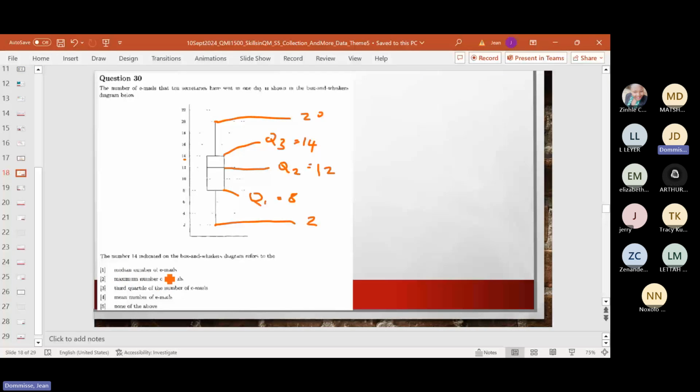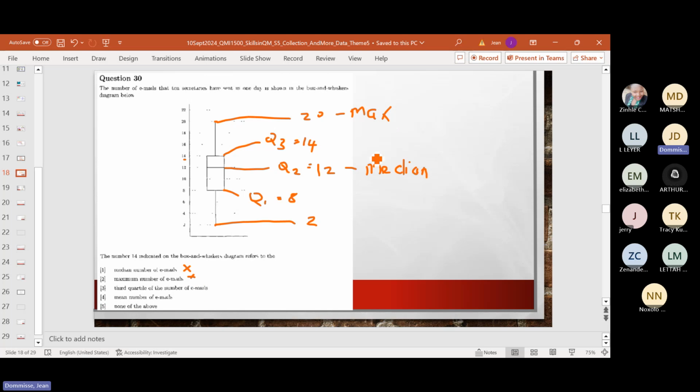The median number of emails, no, that would have been number 12, which is also Q2. So it's not the median. The maximum number, no, the maximum is 20, so it's not the maximum.